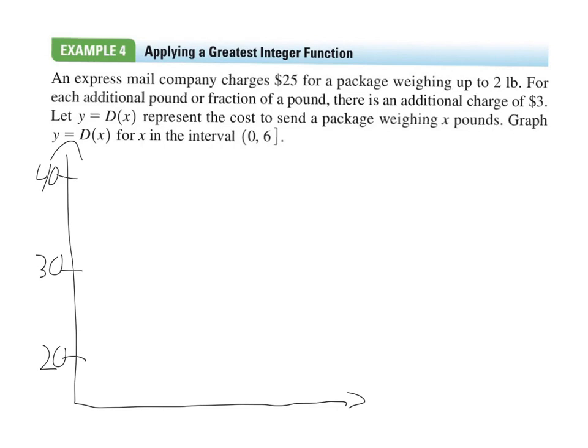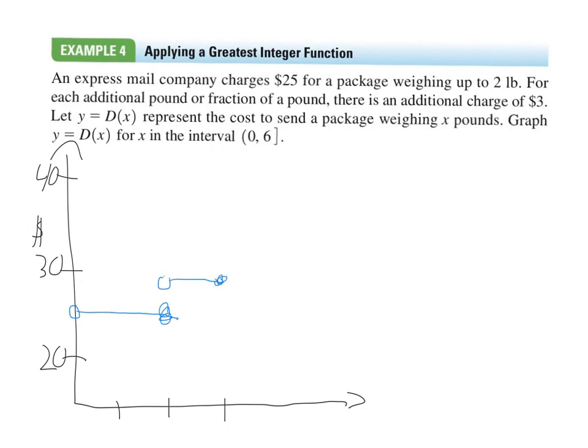Alright, so you have to pay $25, because let the y-axis be the axis showing the money. It costs $25 from 0 to 2 pounds. It says for each additional pound there's an additional charge of $3. So if you go up to 28, that'd be from 2 to 3.